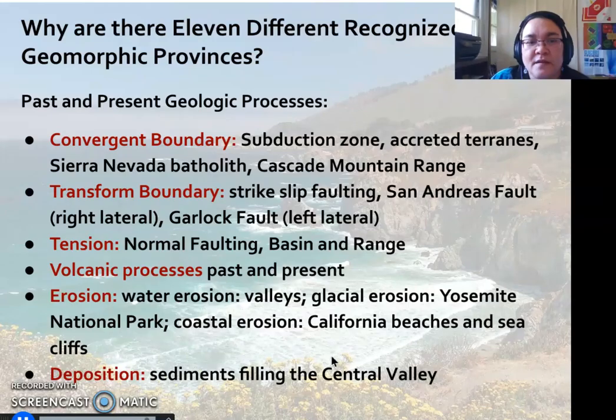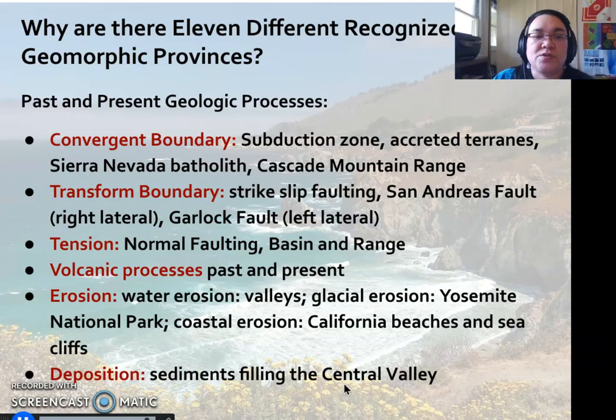So these 11 recognized geomorphic provinces exist because of past and present geologic processes in California. These processes include a convergent boundary, or a subduction zone, and all its trimmings, like accreted terranes, that originally formed the volcanic arc where the Sierra Nevada is now, and a present-day convergent boundary which forms the active volcanic arc of the Cascade Range.